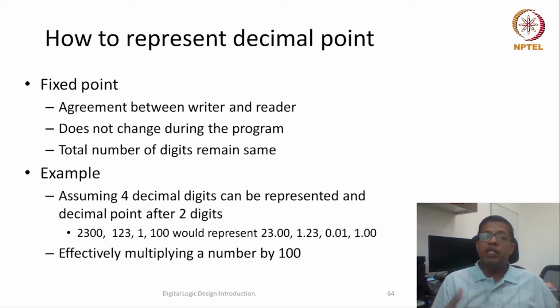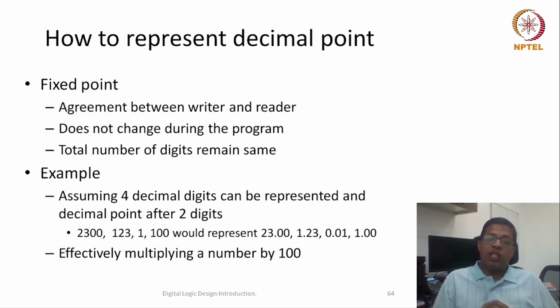but it is implicitly assumed because there is an agreement between the reader and the writer, whoever is writing this number. For example, you are writing 2300, but because there is an agreement that the decimal point has to be considered after 2 digits, whoever is reading will understand the number is 23.00.